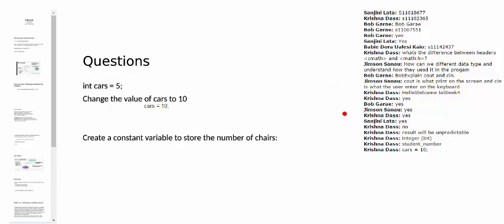Okay, right. So now what if we want to have cars equals cars plus 5, right? What will be the value of cars now? Assume it happens after this. So can you answer it?